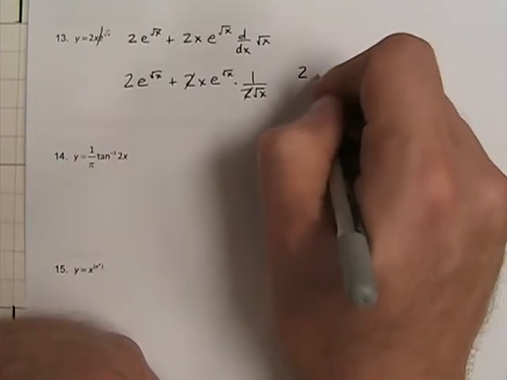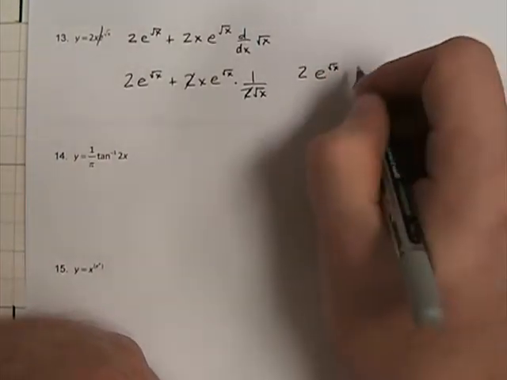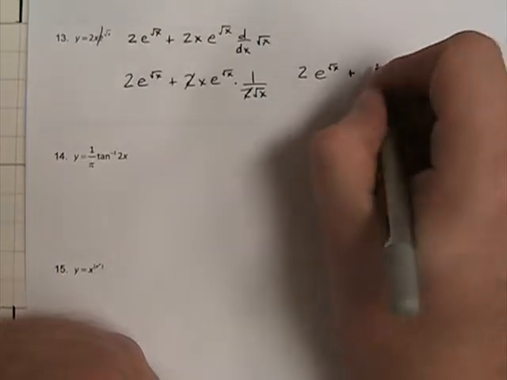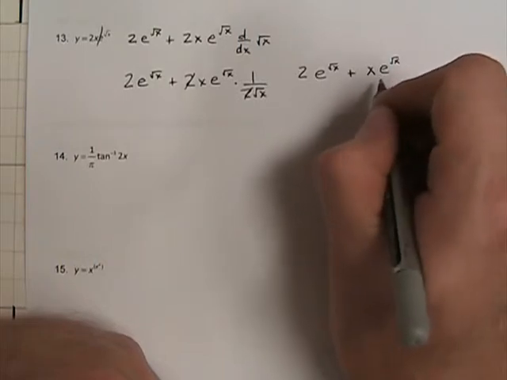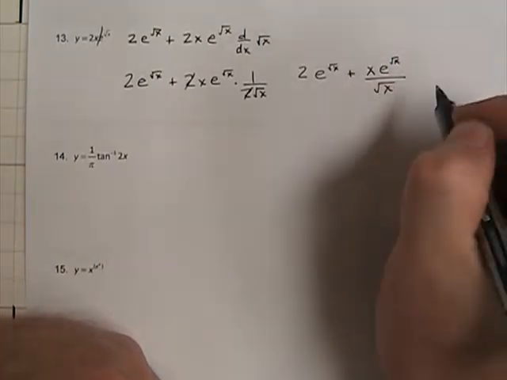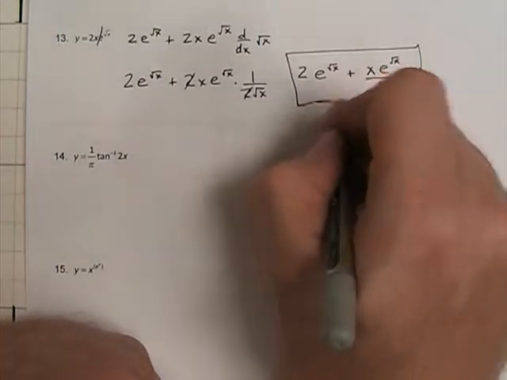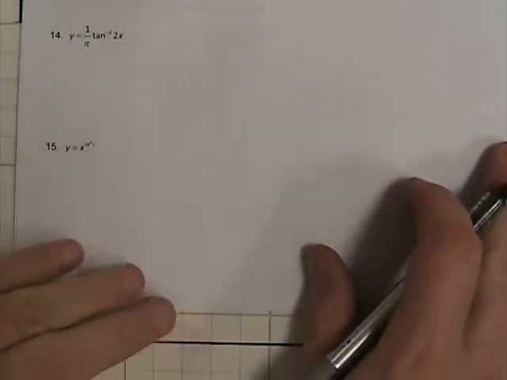Whole thing becomes 2e to the square root of x plus x e to the square root of x over square root of x. Crazy talk.